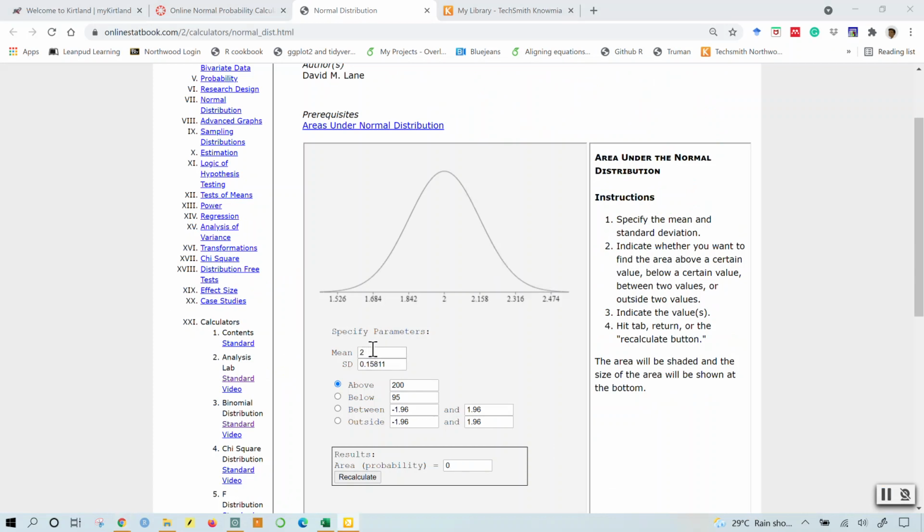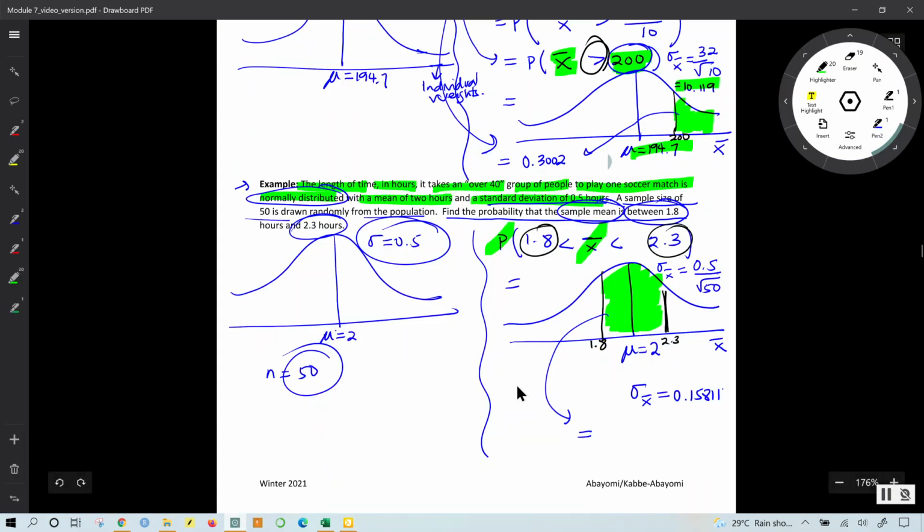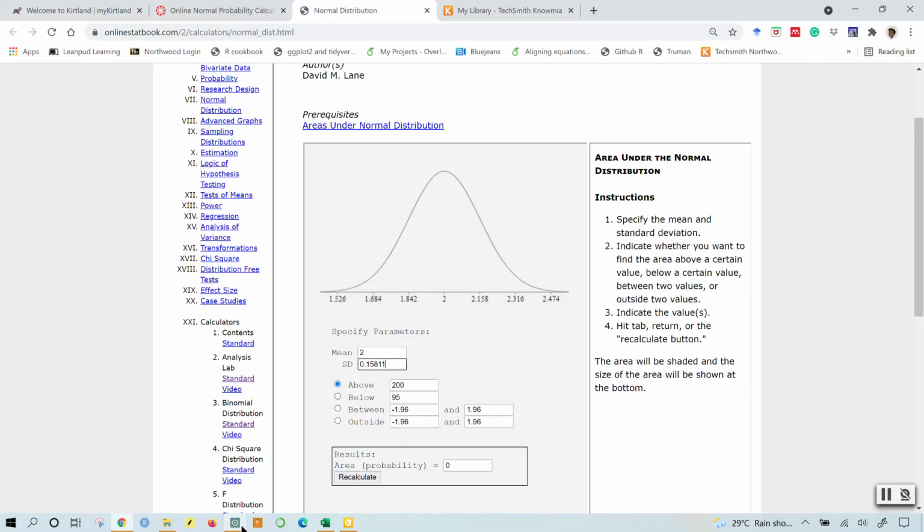Next, I would like to find the probability between 1.8 and 2.3, so I'll key that in. Now recalculate that.